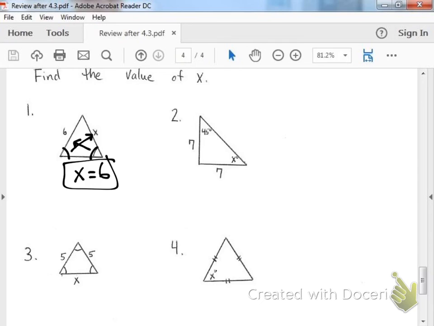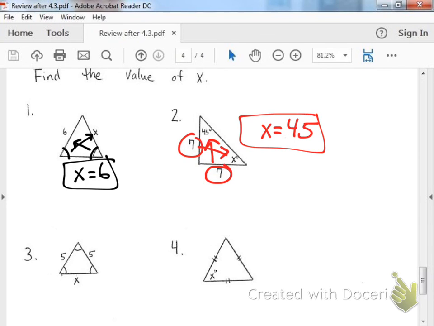Number 2, same thing in reverse. If the sides are the same, the angles are the same. So what's X? 45. 45, good. Number 3, see how all the angles are the same? So it's equiangular. If it's equiangular, it's also equilateral.